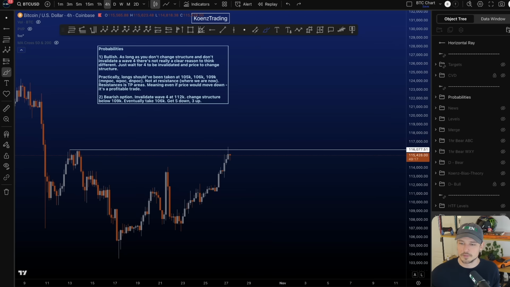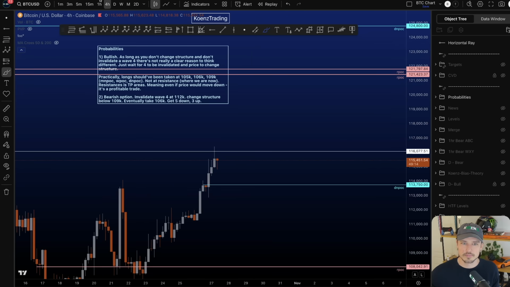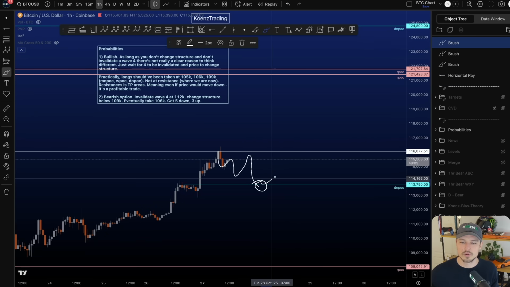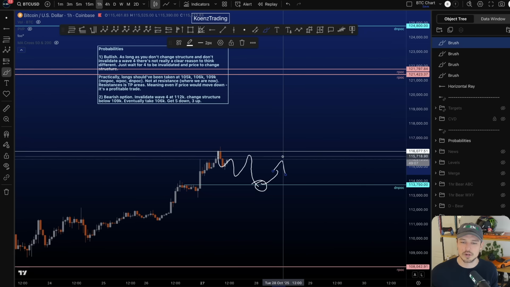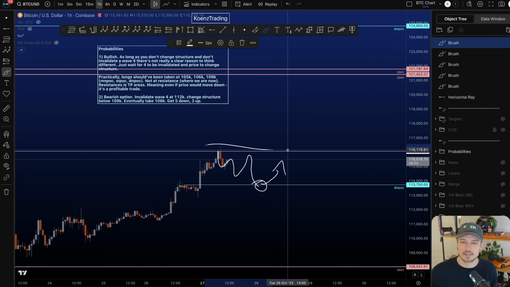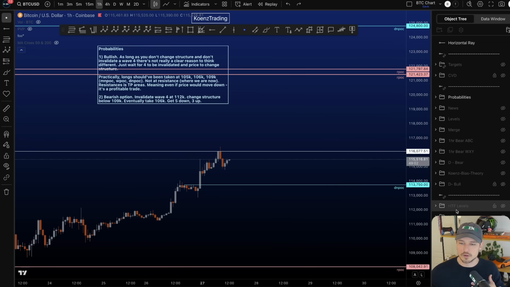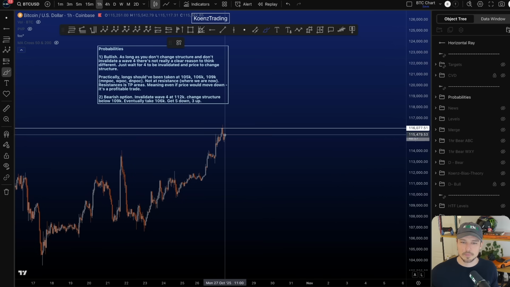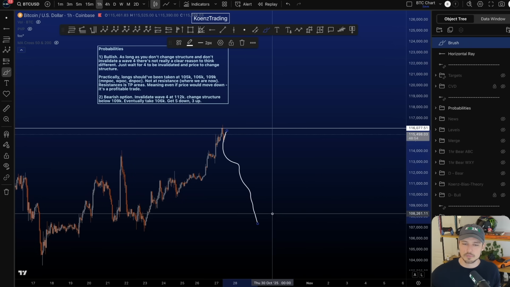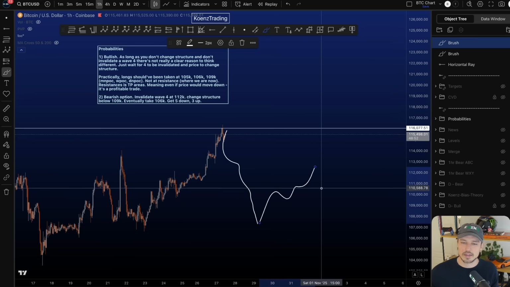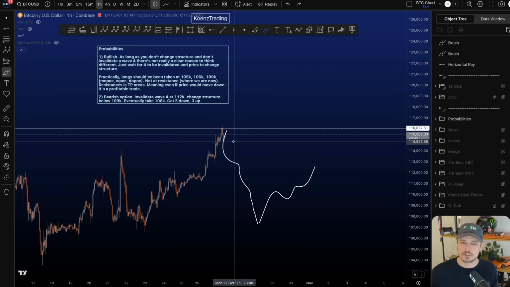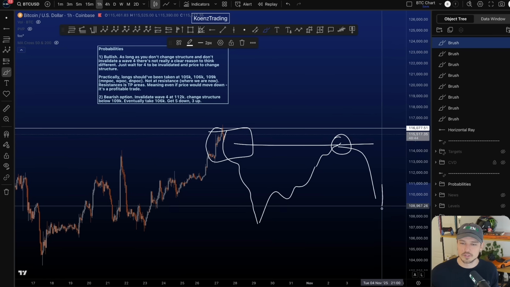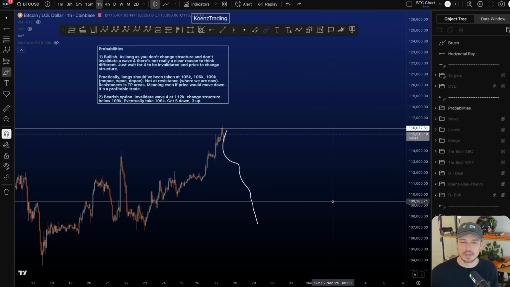If price locally would move to the downside here in a 3-wave corrective structure to the daily naked point of control, it provides an opportunity to look for price to move back up and take out that high and then move into the gap. For the bears, what I would like to see is a move to the downside that invalidates the bullish scenario, then a move back up, which should be a 3-wave corrective structure into an area of resistance, opportunity for a short, and then look for a move towards the downside.